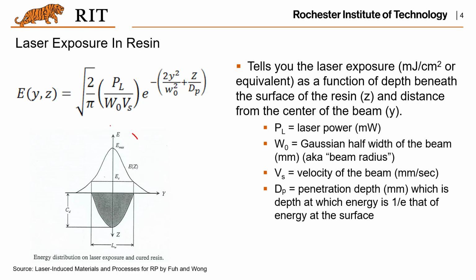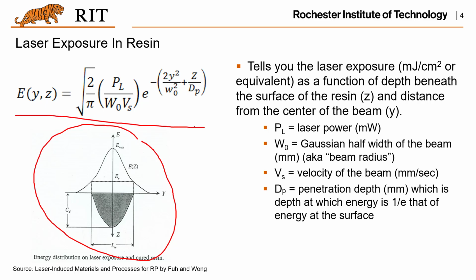This figure shows an illustration of the laser exposure in the resin. And here is an equation, E(y,z). It gives you the laser exposure in the unit millijoule per square centimeter or millijoule per square millimeter.